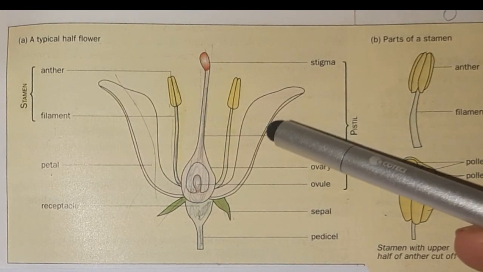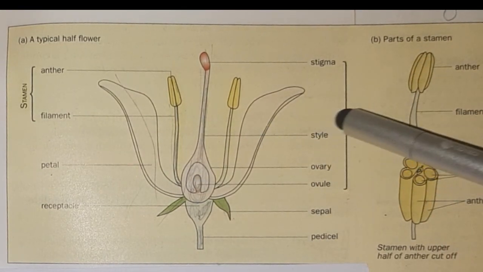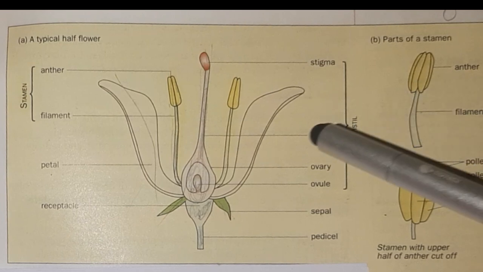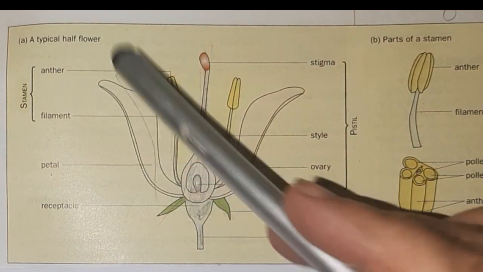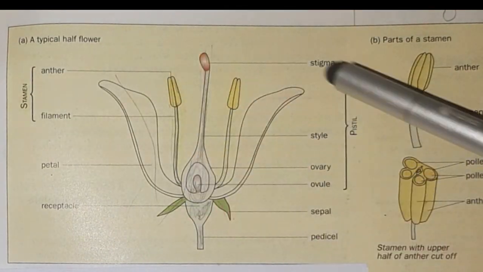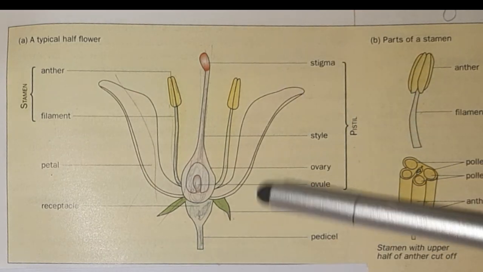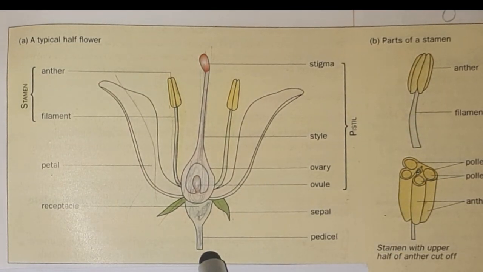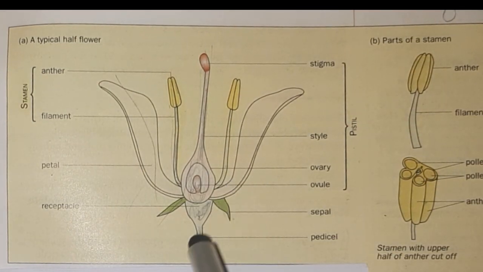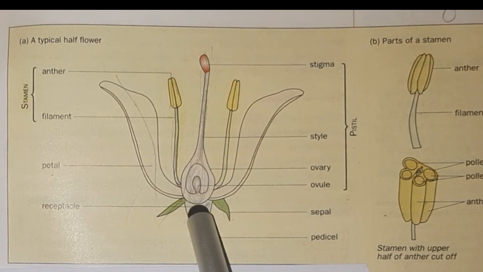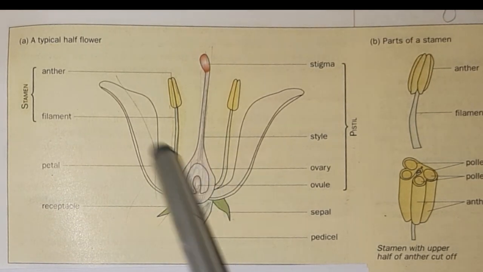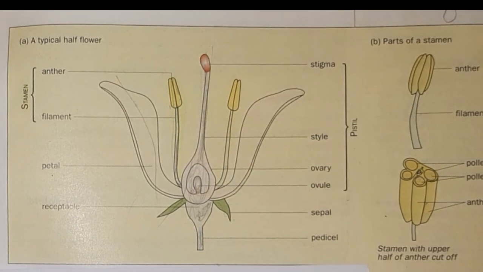This is the diagram drawn in the book, and this is a typical half flower. It is showing all the parts over here. This is the pedicel, the stalk with which the flower is attached to the plant. This is the receptacle on which all the floral parts are attached.